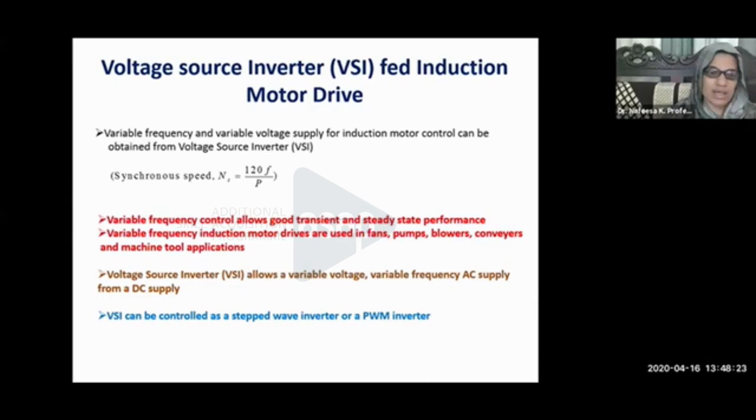A voltage source inverter allows a variable voltage, variable frequency AC supply from a DC supply. This can be achieved in two ways: a stepped wave inverter or a PWM inverter. We will divide the session into two parts. In the first part, I will explain the step wave inverter, and after that we'll go on to the PWM inverter.